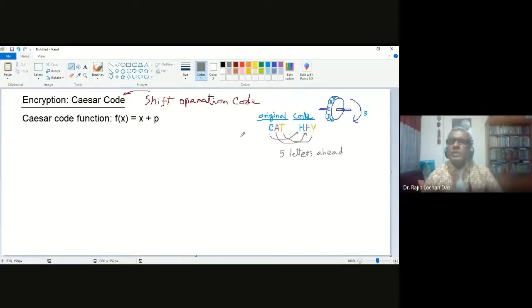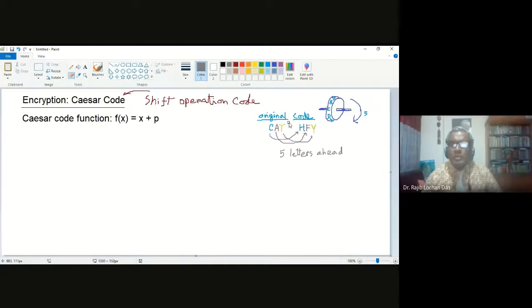And in the movie The Imitation Game, we were seeing the same thing in the machine. Now it is very simple because we know the technique.